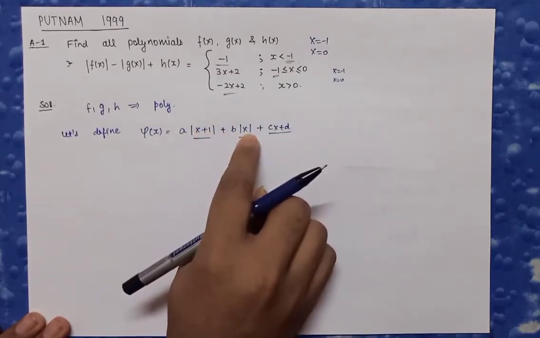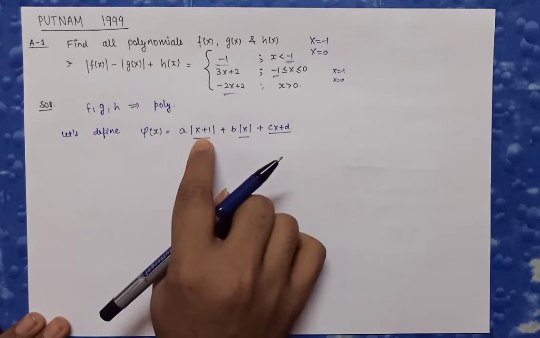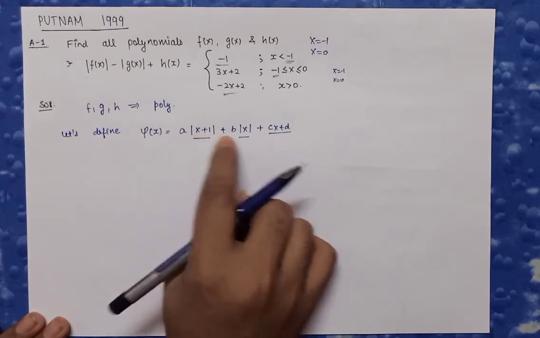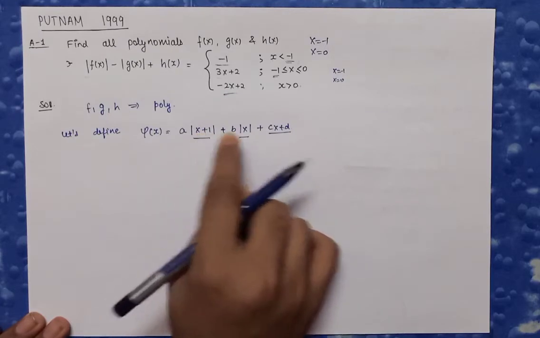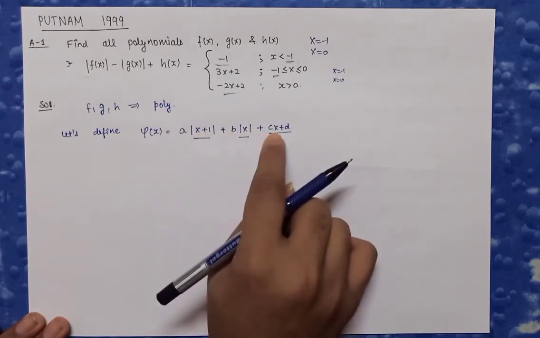At these two positions I am getting splits, so I have taken it such that the modulus must split here. So x plus 1 and x, it is splitting at minus 1 and it is splitting at 0, and this is a linear polynomial function.